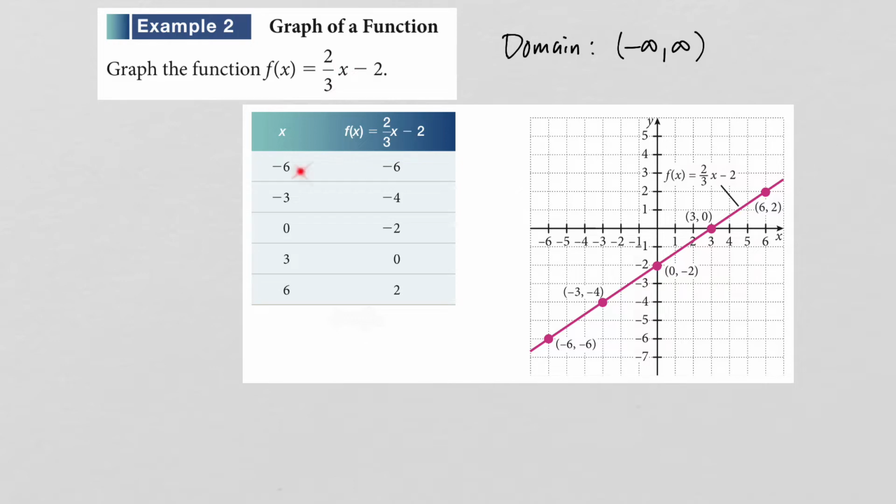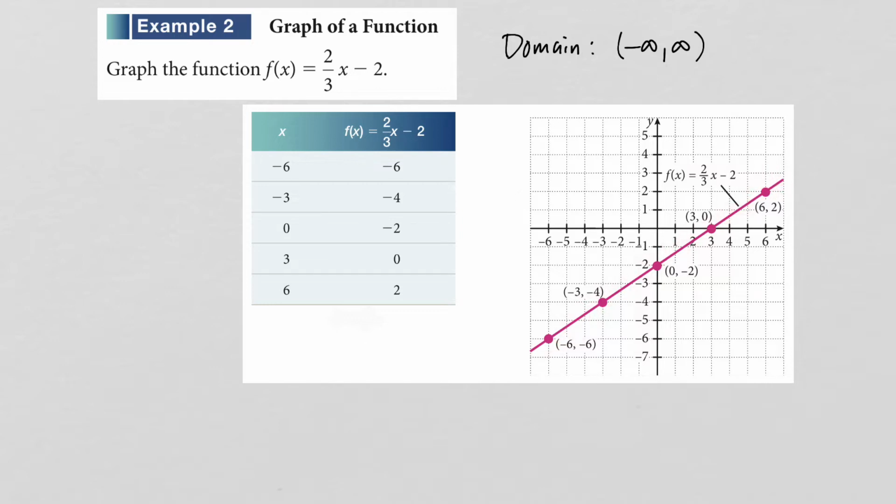So what we do is we plug in a few numbers. In this case, we plugged in 5 numbers. That gave us 5 points. And what we hope to see is some kind of a pattern with those 5 points. And of course, the pattern here is very simple. It's a line, okay? But that's essentially what we're doing. So when we connect all these points, we're representing all of the other points on the graph.